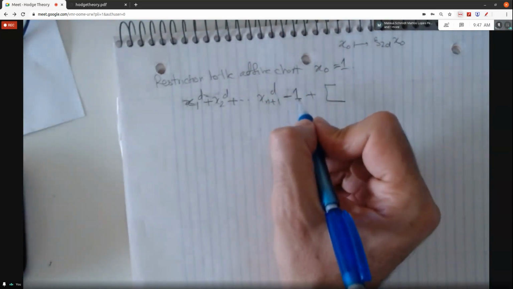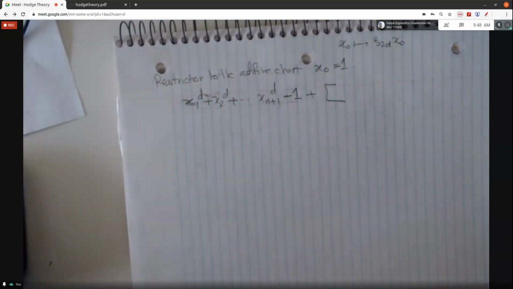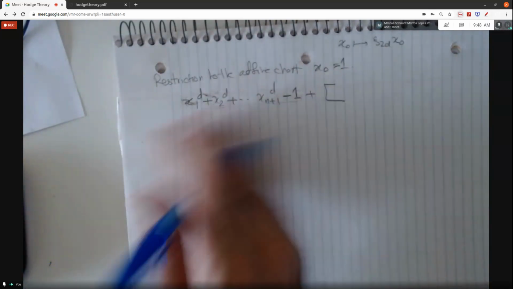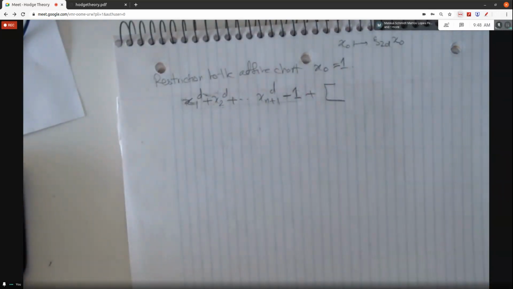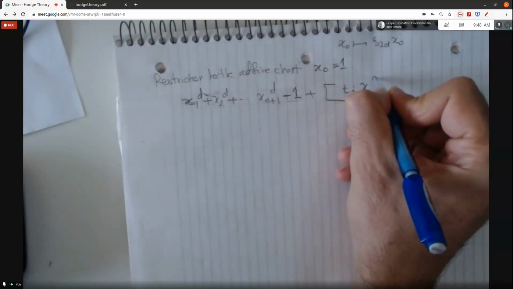The reason is that this equal to 0 describes the vanishing cycles, but at the end you can also put arbitrary s here. But for the moment, let's take this one, and then t_j x^j.